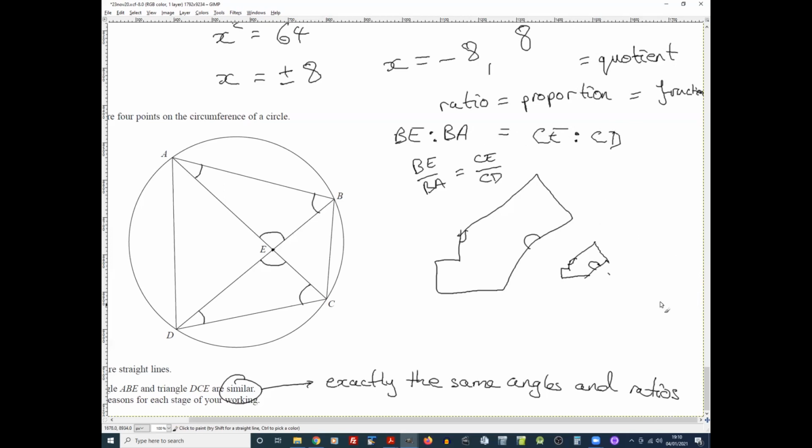So not necessarily the same size, but the same proportions. True, but the much simpler word: the same shape. Exactly. The point is, all of this really is about defining the shape of something.